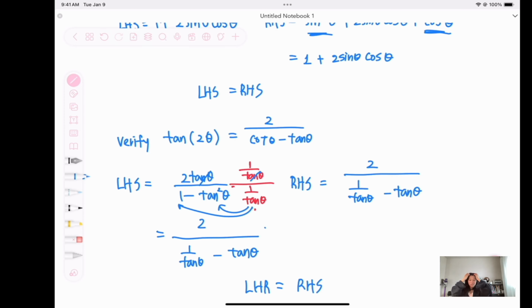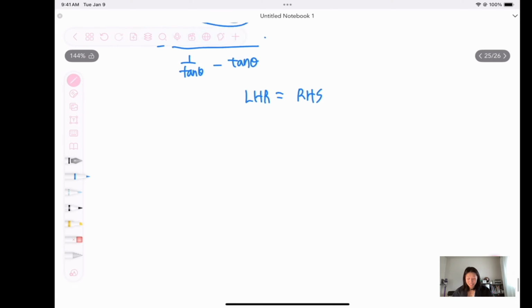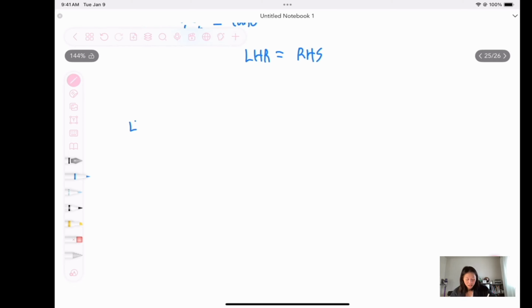Okay, there's another way to do it. It's more complicated, but if you don't see this 1 over tangent right away, you can do something else. Originally, that's the simplest way. Originally, what I did is, on the left-hand side, again, I broke this out by applying the double angle formula.